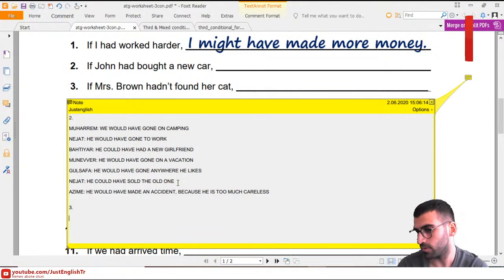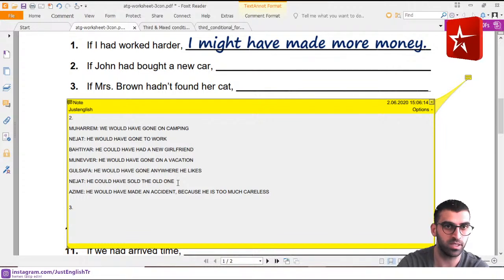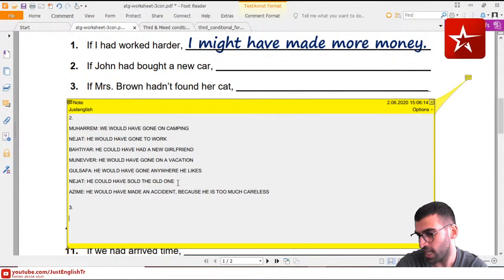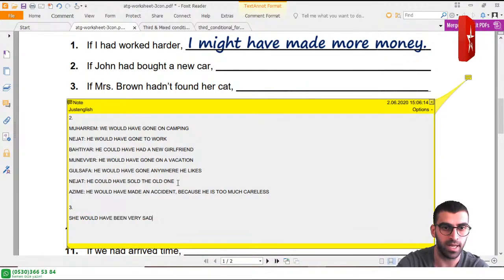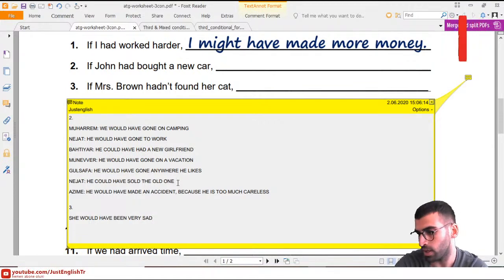Okay, number 3, Gülsafa says he would have been very sad. Yes, Mrs. Brown. It's not he, it's she. Yes, she would have been very sad. That's the correct answer by Gülsafa.